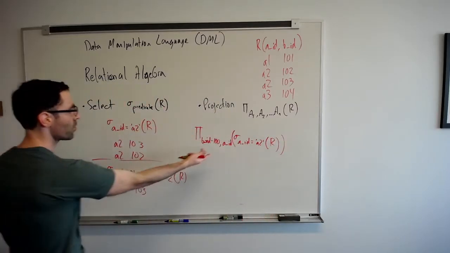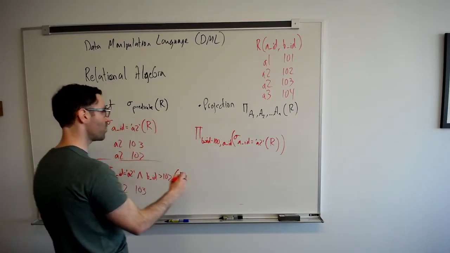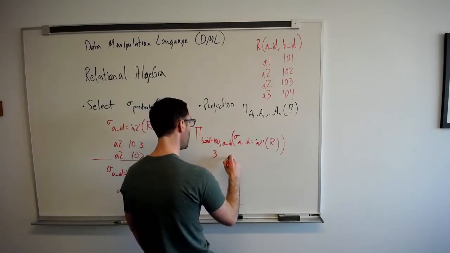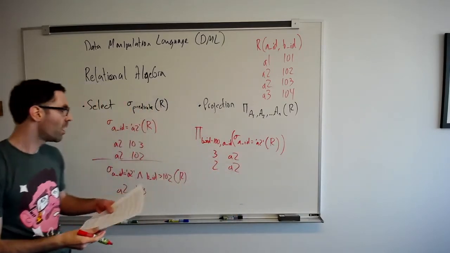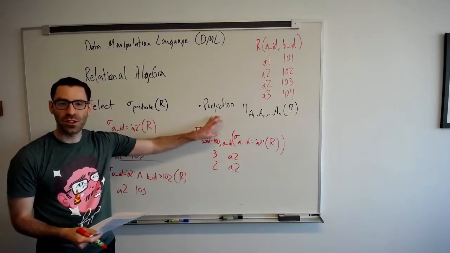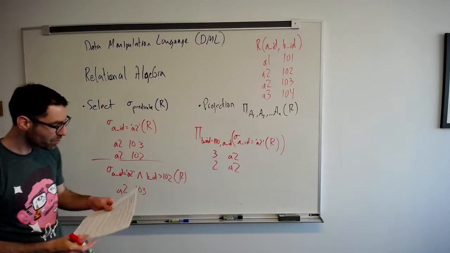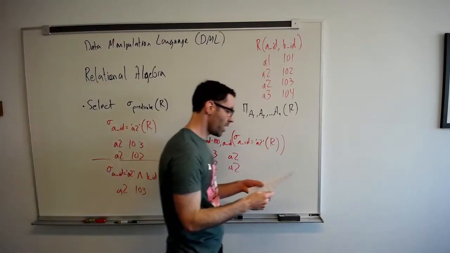And so, as I said, we're going to rearrange and also modify the attributes, and so this will give us 3 A2 and 2 A2 as our output relation from this projection.